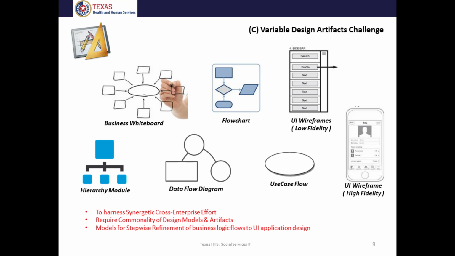Number 6, use case flow, also called use case diagrams. Although simple in format, this type of model is extremely important to commencement of any UX UI design project. I personally cannot emphasize this enough.